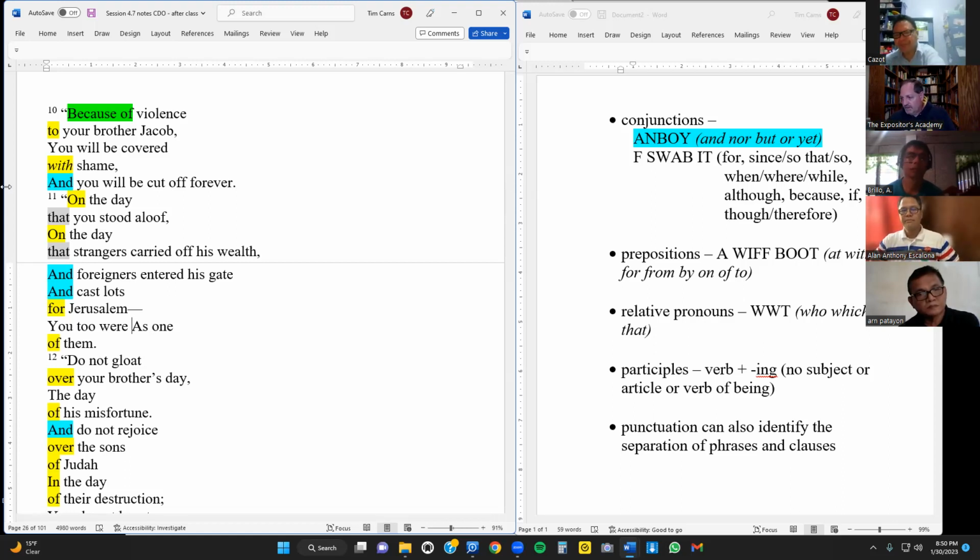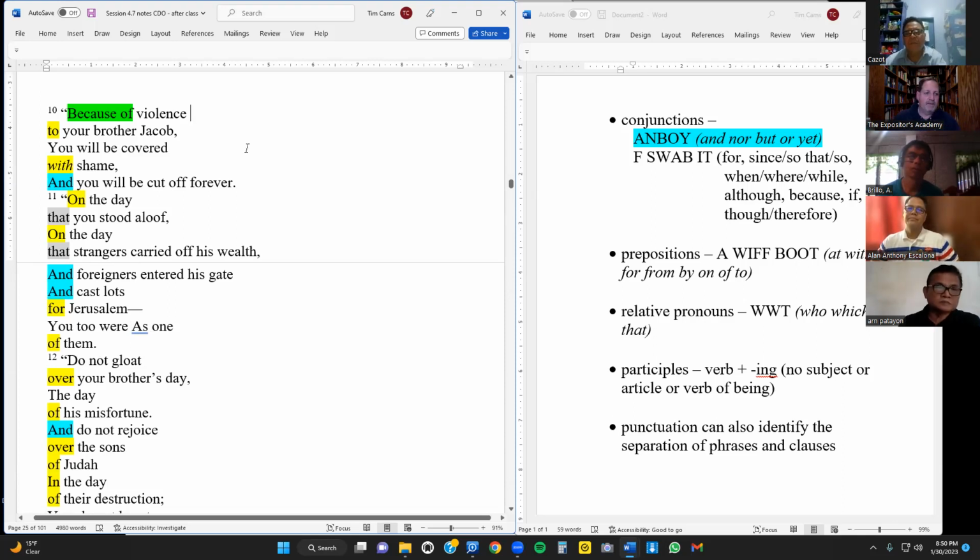Now we want to identify whether these are phrases or clauses. Okay. And for that, come back up to Kazot. I'll just have you do a few of these. Because of violence to your brother Jacob. Because of violence. Is that a phrase or a clause?